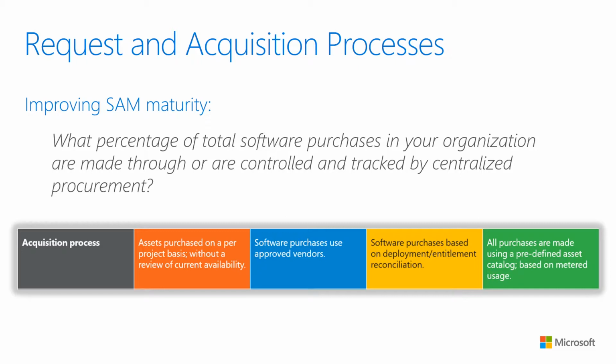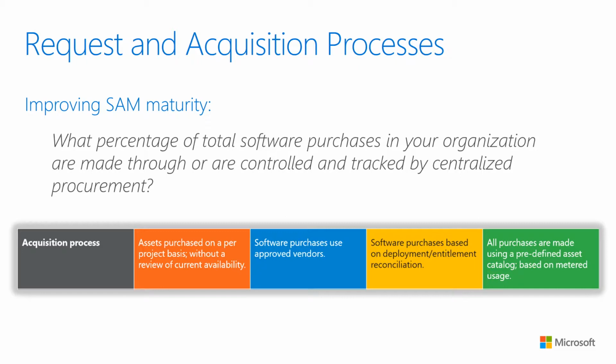So here we know what software is going to be used in an organisation, and we've worked with the key vendors to work out the best way to buy the software. Perhaps an enterprise agreement suits the needs of the organisation best, and we're likely to have established a better price point. Improving on that at the rationalised level, software purchases are based on the deployment and entitlement reconciliation.